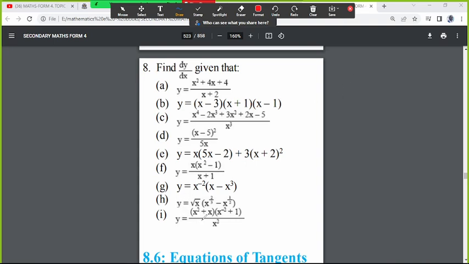This expression cannot be differentiated the way it is. So we need to arrange it. Let us expand the numerator.